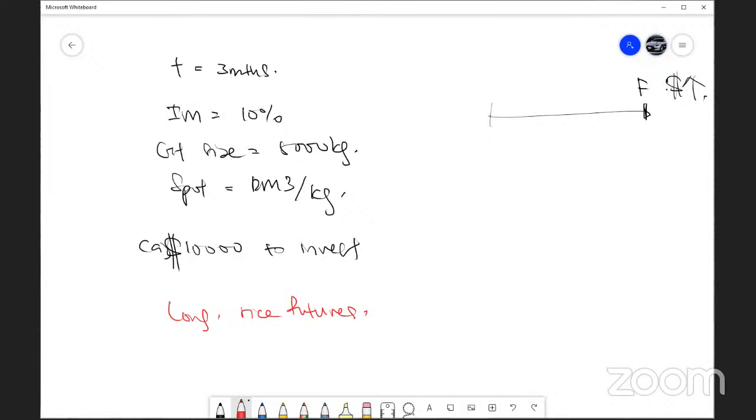But now the question is, you got $10,000 to invest. How are you going to invest? Remember this, very simple. How many contracts can you invest in? Contract size here is 5,000 kilo. So you count the contract value: 5,000, the size, multiplied by the current spot price.